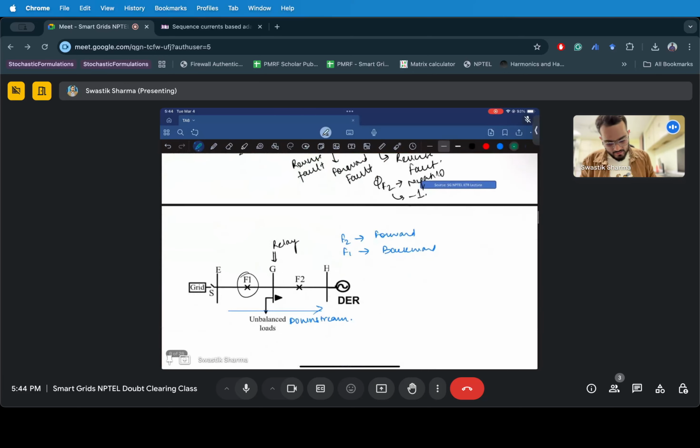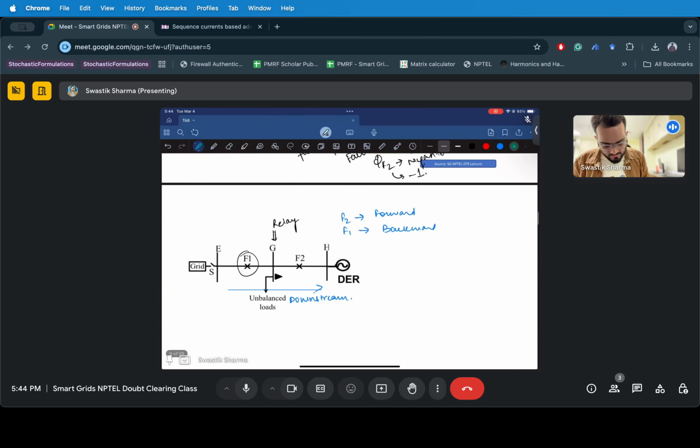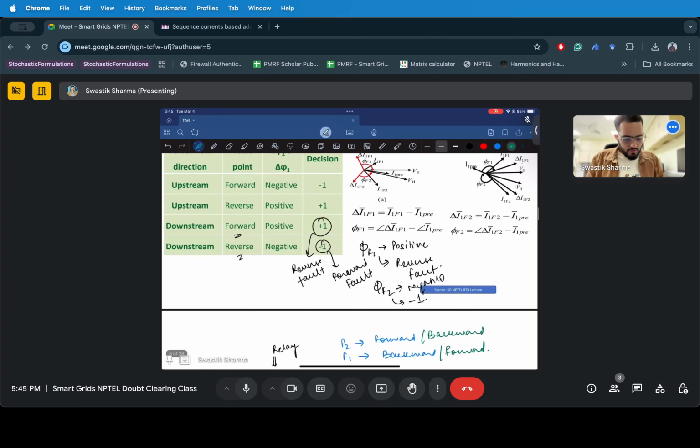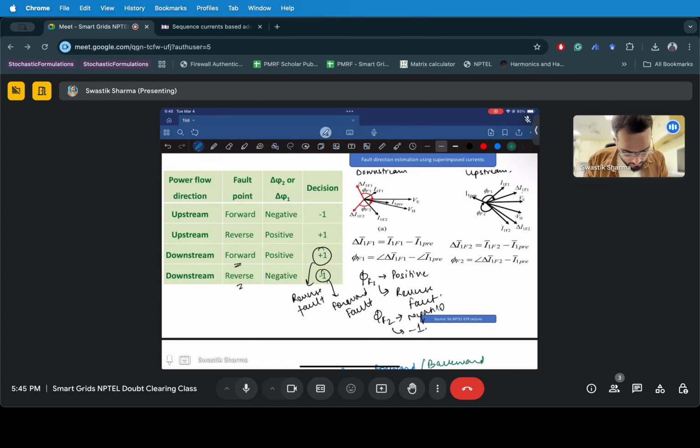Anyways, let's talk about the relay when it experiences an upstream current. That means the DR is now powering or energizing this transmission line, right? So F2 becomes backwards and F1 becomes forward. Here you can see that my pre-fault current is here and my F1 lags.